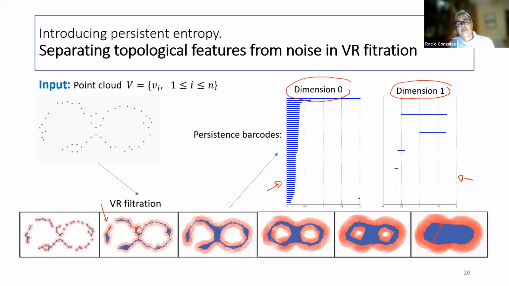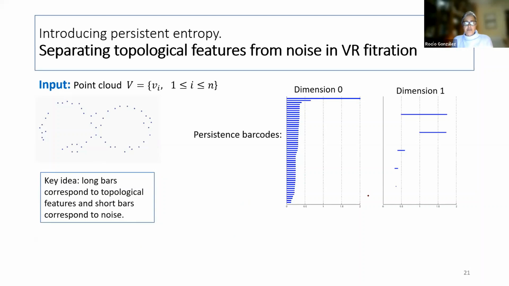In this application, we compute them separately, and the idea, as I told you before, is that long bars correspond to topological features and short bars correspond to noise. So how do we detect the long bars and the short bars in an automatic way?